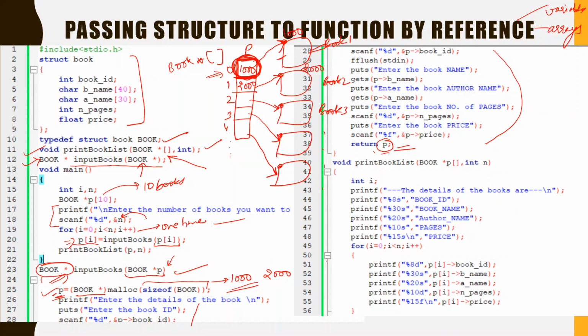Then in the next function we will see how to print all the books together, because we have the addresses of all the book blocks stored in this array.